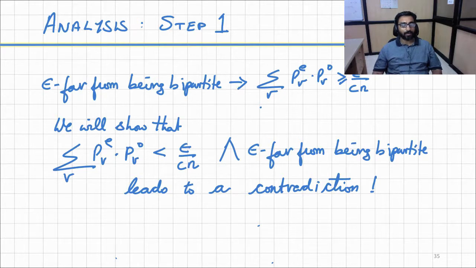This is a standard proof technique. We will assume that the summation is small, less than epsilon over Cn, and that the graph is far from being bipartite, and work our way to a contradiction.